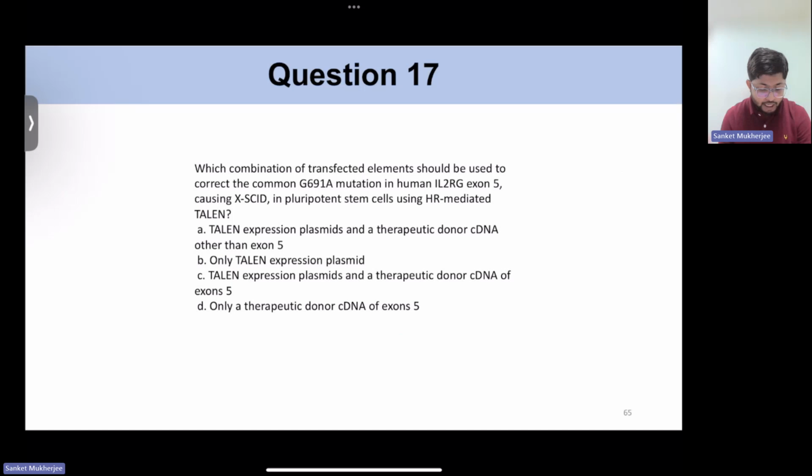Do we need to have TALEN expression plasmids and a therapeutic donor cDNA other than exon 5? Only TALEN expression plasmids, TALEN expression plasmid with therapeutic donor cDNA of exon 5, or only a therapeutic donor cDNA of exon 5. So transfection should be done using TALEN expression plasmid and the therapeutic donor cDNA of exon 5, both of them.